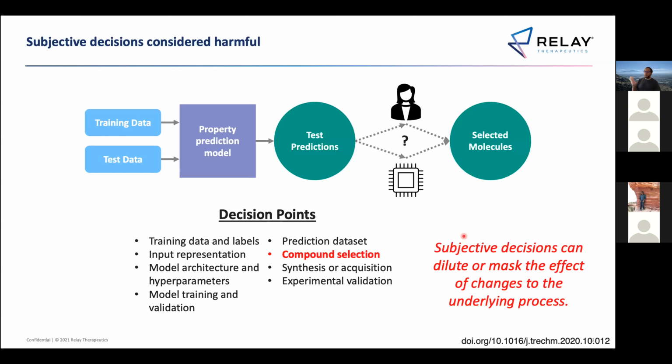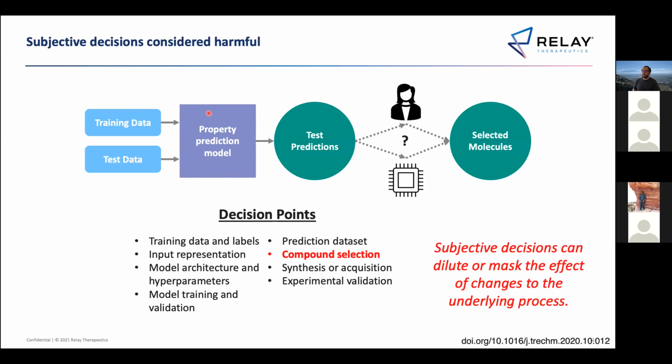I think the point I want to highlight here, if I'm not being clear, is that when there are subjective decisions involved, they can dilute or mask the effect of changes that you make earlier in the process. So for example, let's imagine that I changed the model architecture because I believed that it could produce higher hit rates for some hit finding procedure.